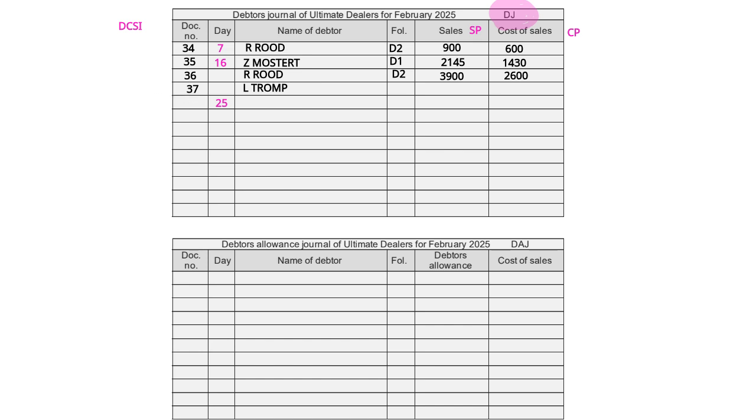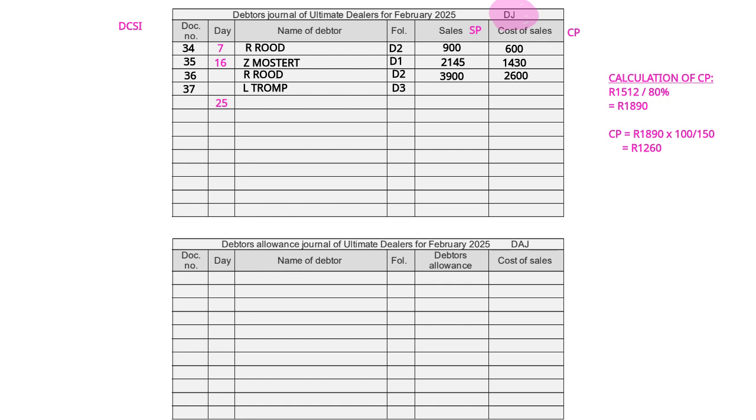Number 37 is your document number. Now, Trump is debtor 3. Trump will involve a small calculation. Let's go have a look. We have to calculate our cost price. So we are going to take 1512, which was the credit sales invoice price. Then we gave a 20% trade discount, so we're going to work backwards and divide that by 80%.